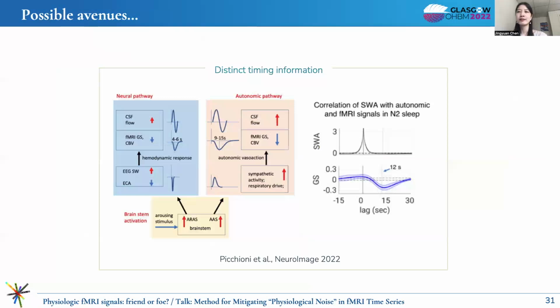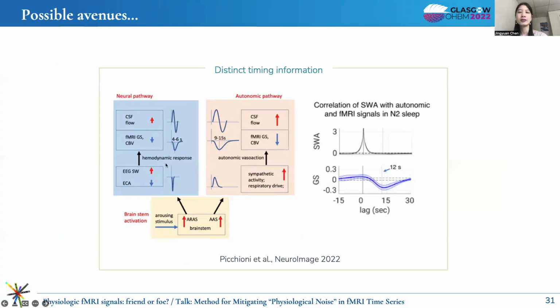And not just seeking additional information from the space domain, timing in the associated fMRI responses may also be informative. You might have already noticed that these physio responses and neurogenic hemodynamic response function have very distinct timing.